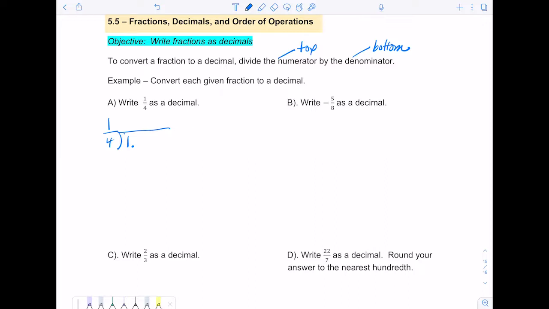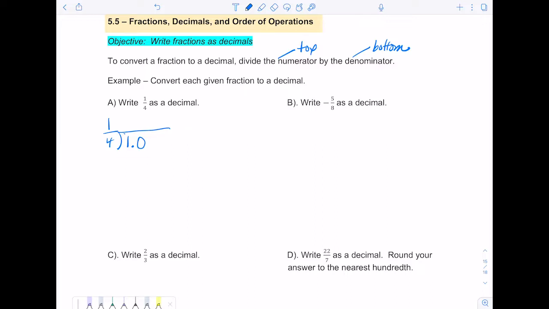So the first thing we want to do is ask ourselves, how many times can you divide 4 into 1? You really can't. So what we do is we add a 0. And now look at that number as a 10. So pretend that decimal point's not there for a second. How many times can I divide 4 into 10?